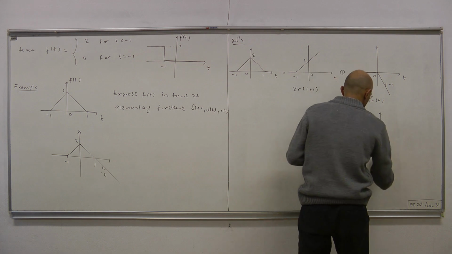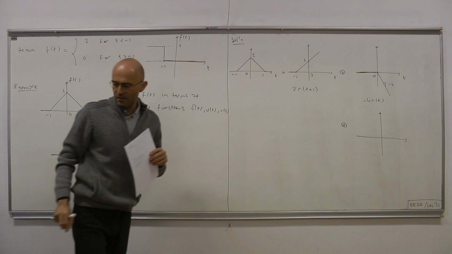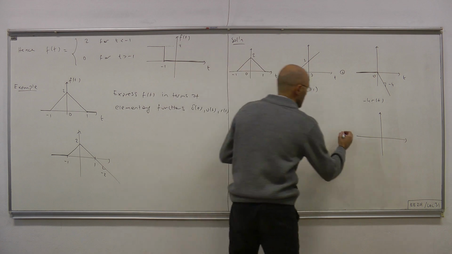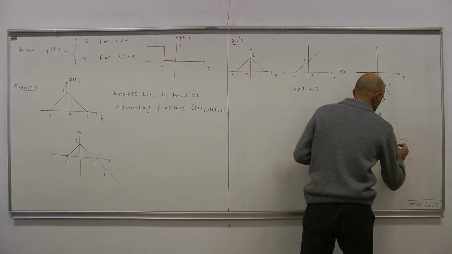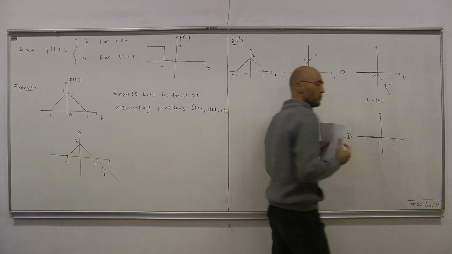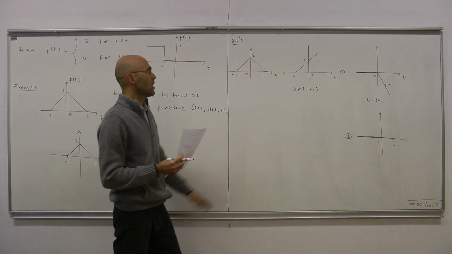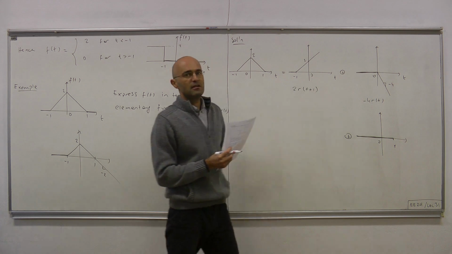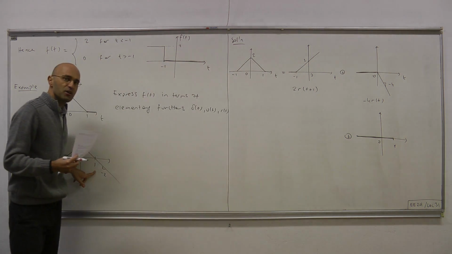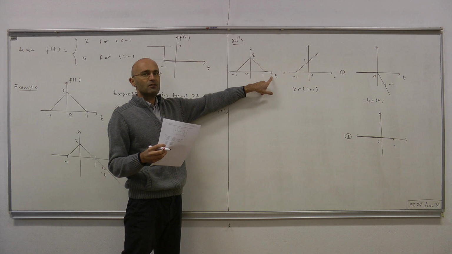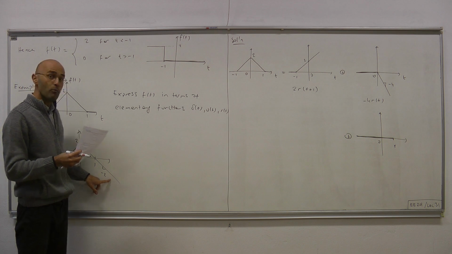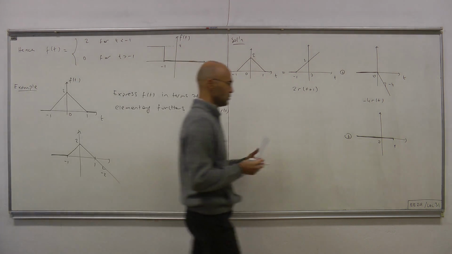something that will take care of that unwanted slope of minus 2 starting from t equals 1. So this is 1, this is 0. Whatever function we add must be 0 until t equals 1, because we're fine with the representation until t equals 1. Starting from t equals 1, we have a slope of minus 2, and the resultant function has a slope of 0, therefore to balance this slope of minus 2, what we need is a slope of plus 2.